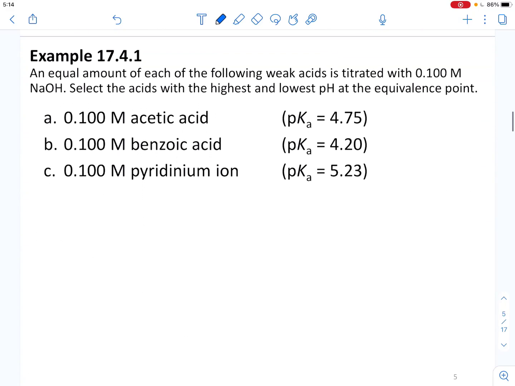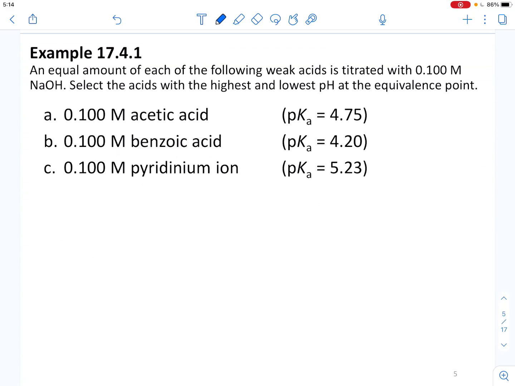So how do we apply this to a practical problem? We have three solutions here. Each one of them is an acid. You have the same concentration, but you have different pKa's. So let's start by ranking these acids from strongest to weakest. Okay, so if you remember, smaller pKa means stronger acid.